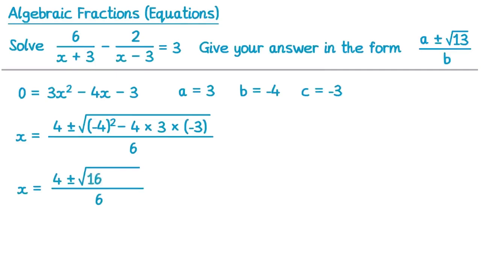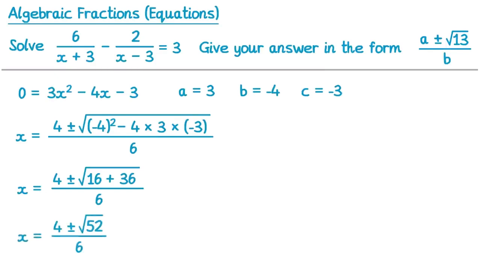And then if we did -4 multiplied by 3, that's -12. And then multiply that by -3, that becomes a +36. So we end up with 16 plus 36 inside that square root. You can add those two together, that's 52. So x equals 4 plus or minus square root 52 over 6.